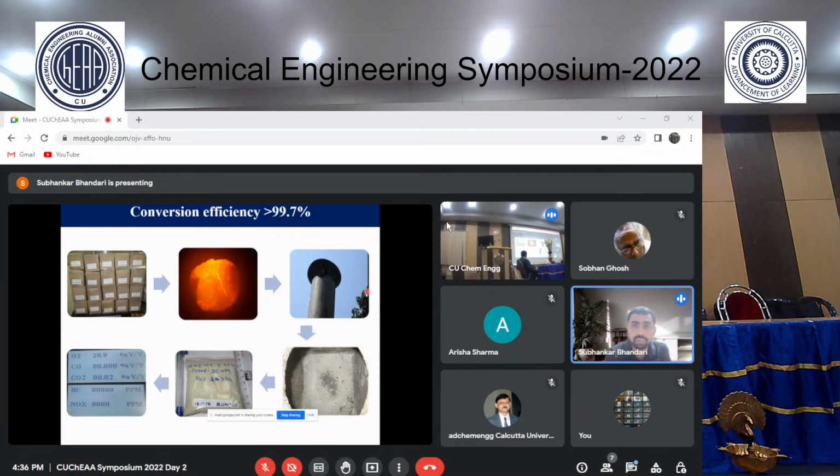So you can see the conversion efficiency. This was the first experiment we did with this plasma gasification facility.